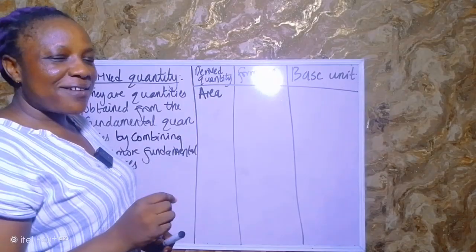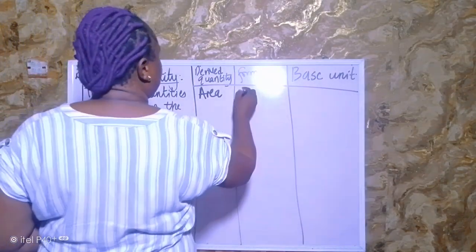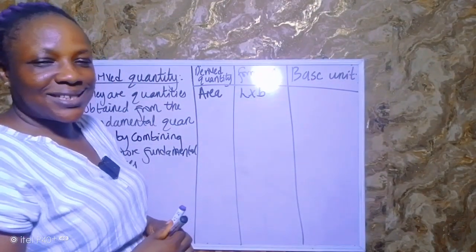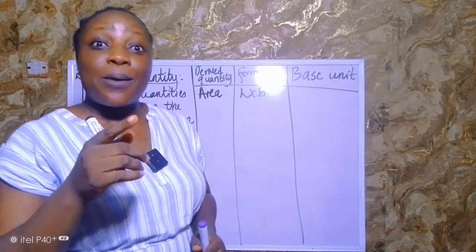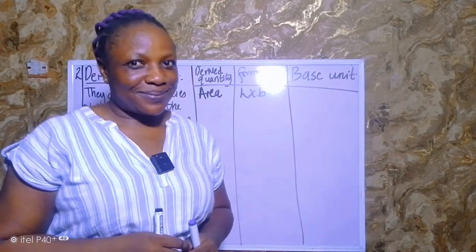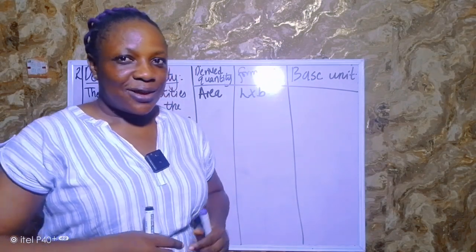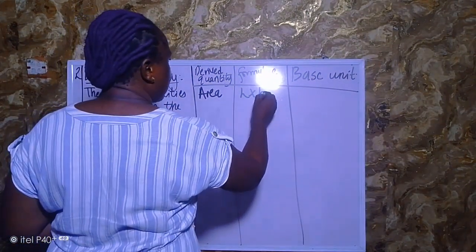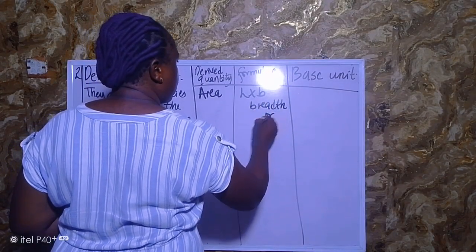If you can remember, area is length times breadth, or length times length. Breadth is also length. You call it breadth or width.